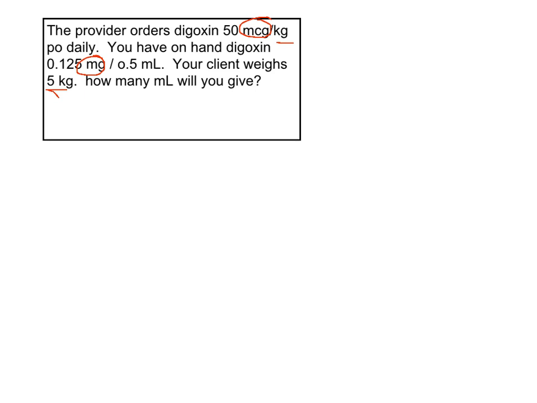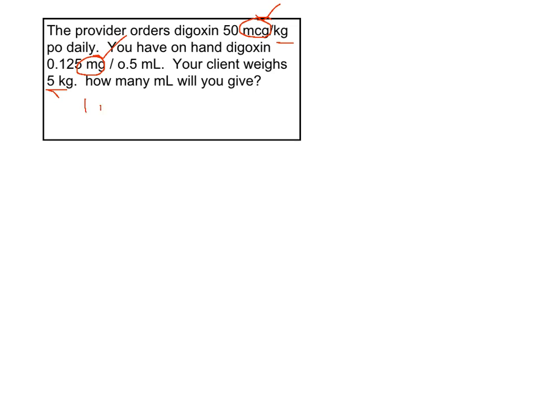Well, as with the other problem that we just did, you notice that micrograms are not the same as milligrams, and it really is best to do that conversion first. Convert into the unit that you have on hand. It makes it easier to dose the patient that way. So what we need to do then is convert micrograms into milligrams, because milligrams is what we have on hand.